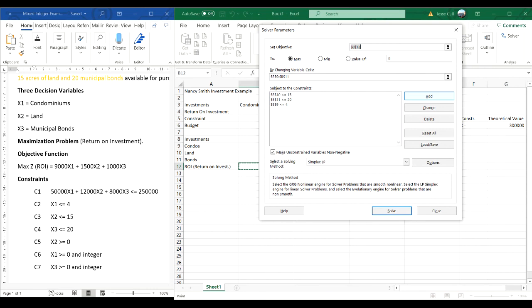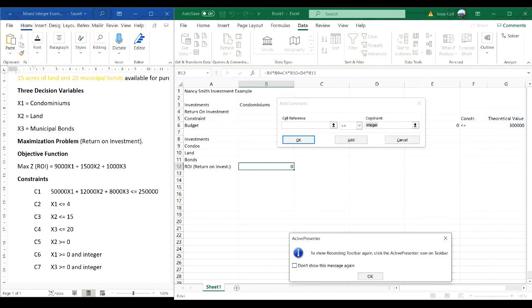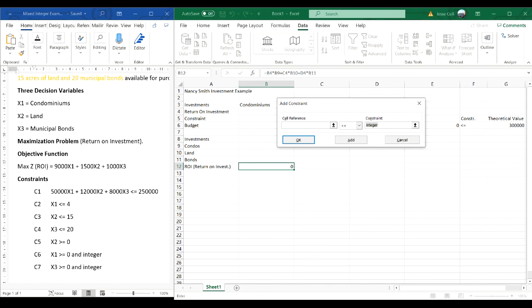Number one, our cell reference. So condos, if we remember, condos here, B9 must be an integer value. We click there, we add that.